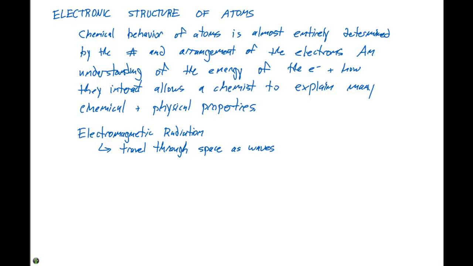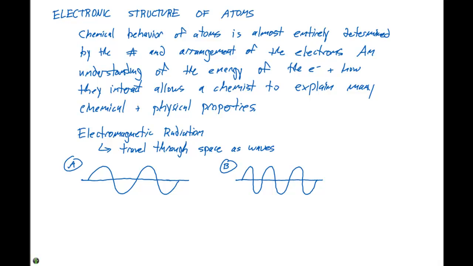So let's just say we have two waves that we're going to represent. The first one being wave A. That's going to look something like this. And wave B, which is going to look something like this. We'll use these two waves to define some of the nomenclature.